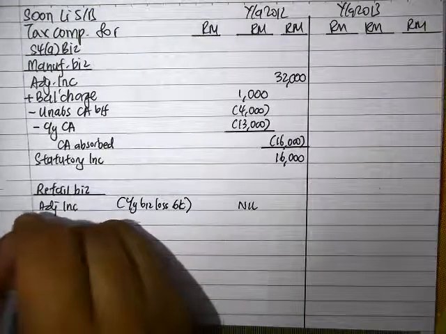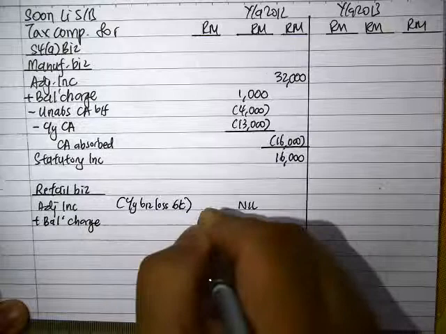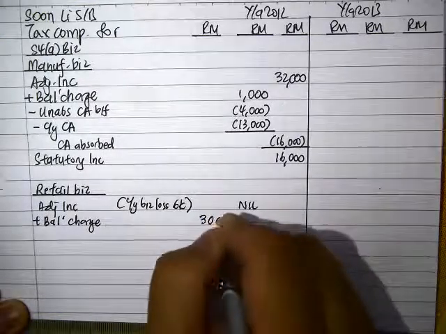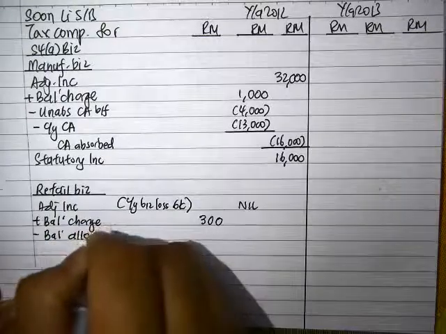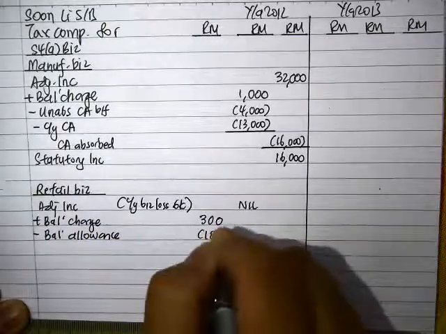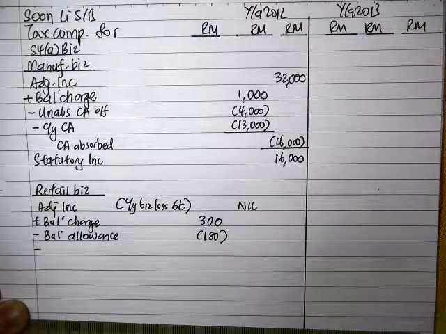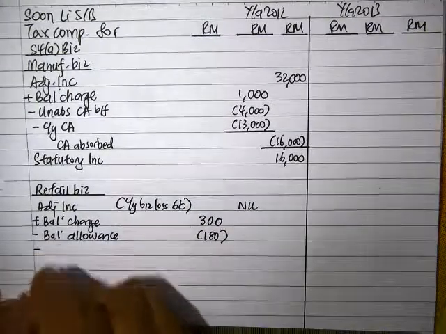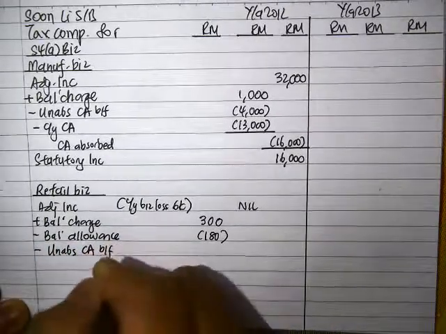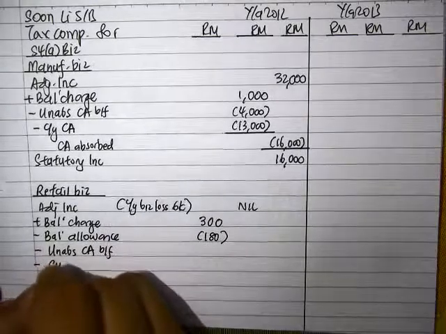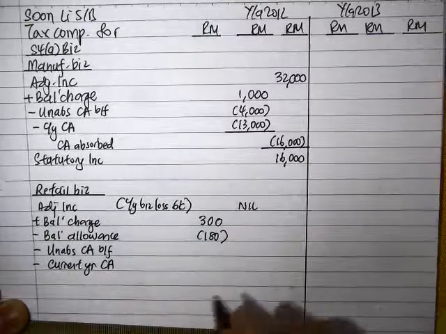Alright, now we add in the balancing charge, which you have as 300, and then you have the balancing allowance, which is 180, and then you have your unabsorbed CA brought forward if you have, not in this case, and then you have your current year CA, which is 200.